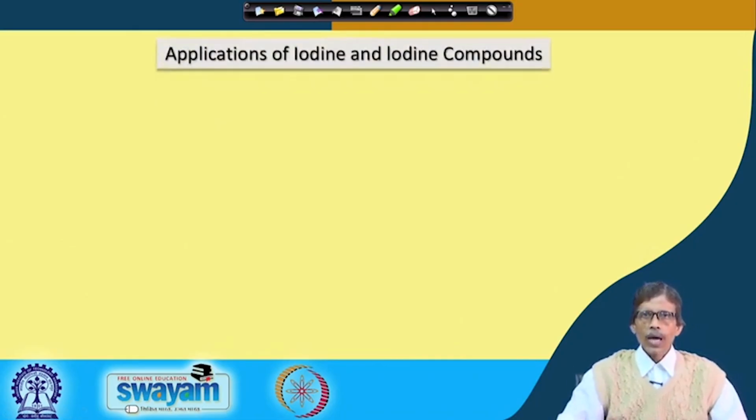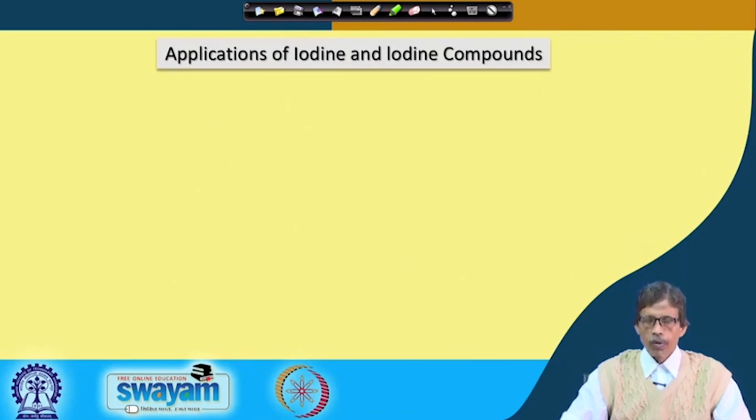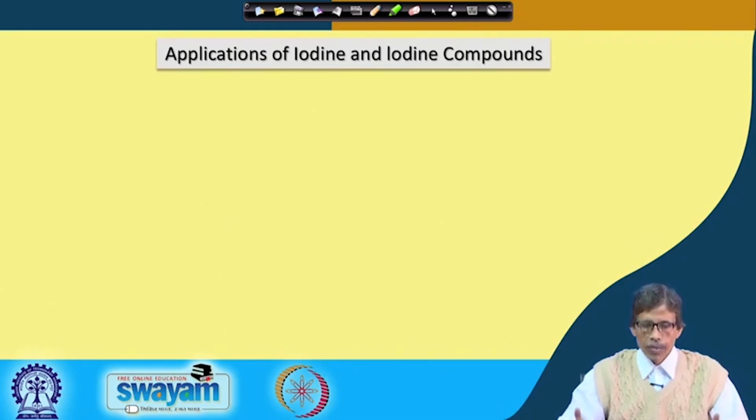Now, like our other fluorine, chlorine and bromine compounds, we should also take care of the applications of these compounds, because until and unless you know the application of these compounds. This particular course has been designed in such a way that it is a brief outline.